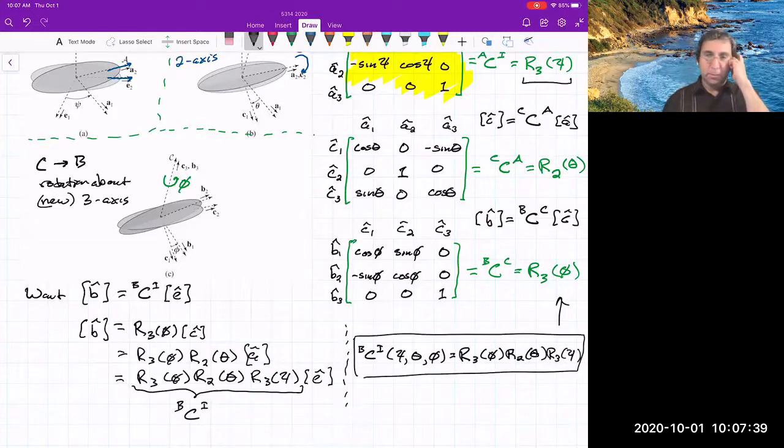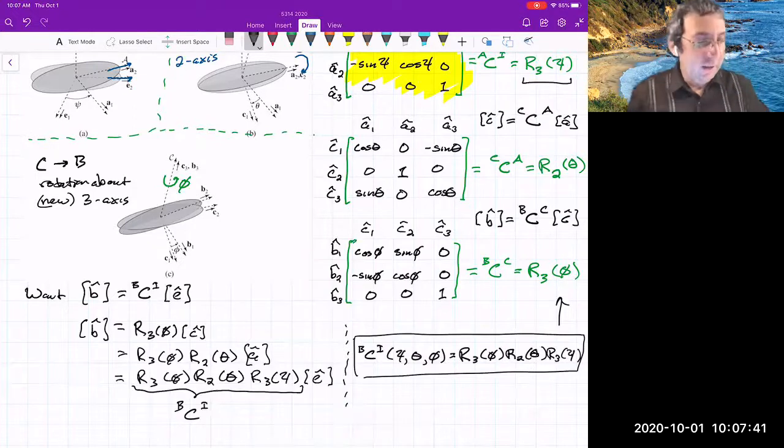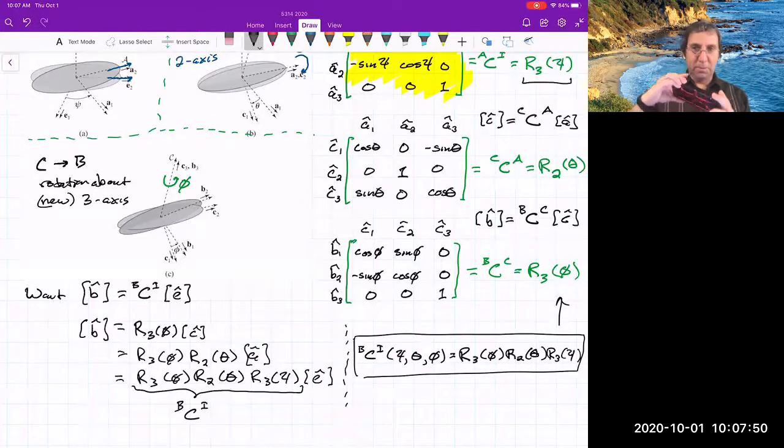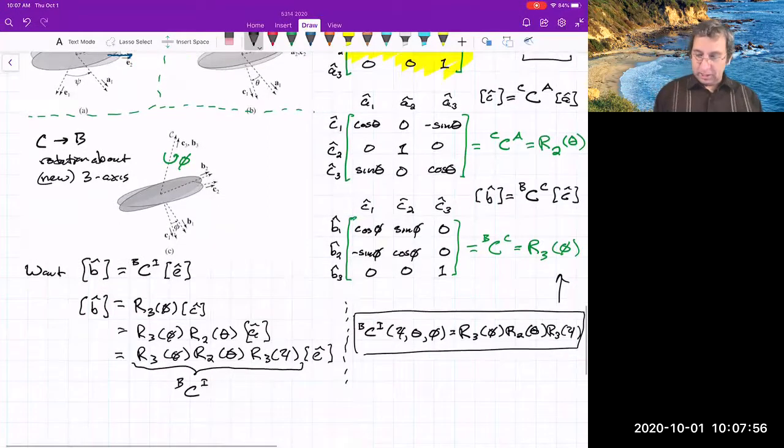So this is the utility of the Euler angles, is that you break down the orientation into a sequence of three pure rotations about axes. This particular one is the 3-2-3 convention, and there are other conventions.